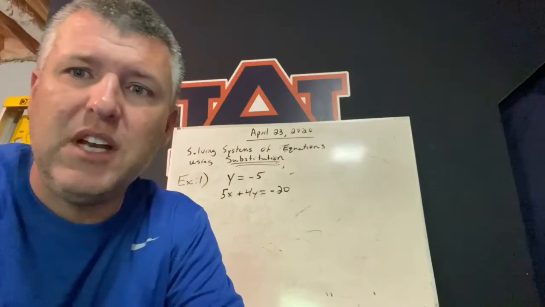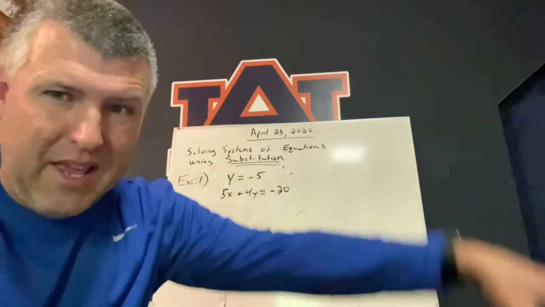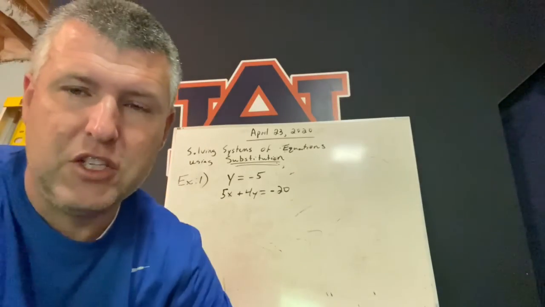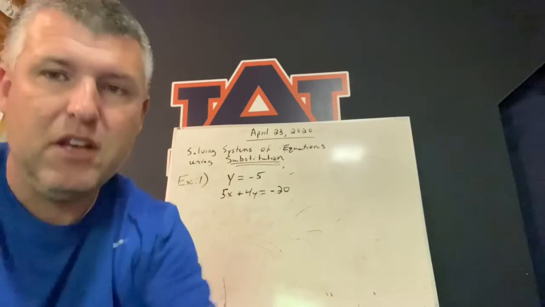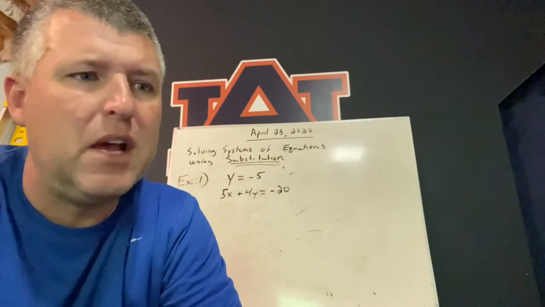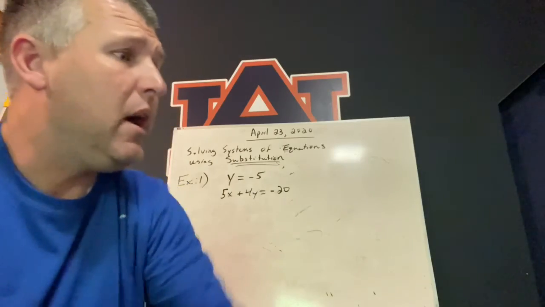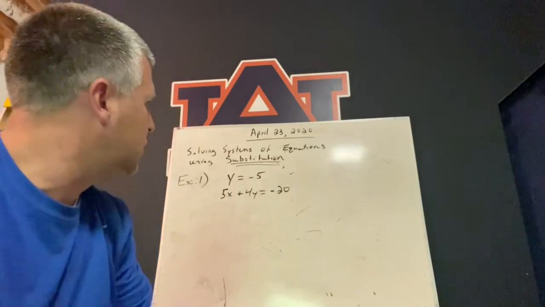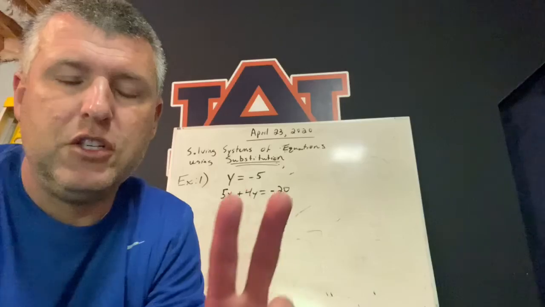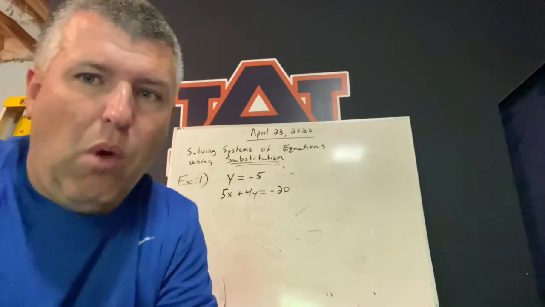Substitution is exactly what it sounds like. We are going to sub into one of the equations using something that we've known. In this first example, it's going to be pretty obvious what we're going to sub in. Here's what you've got to do. You're going to have 2 equations, and those 2 equations will have an x and a y.